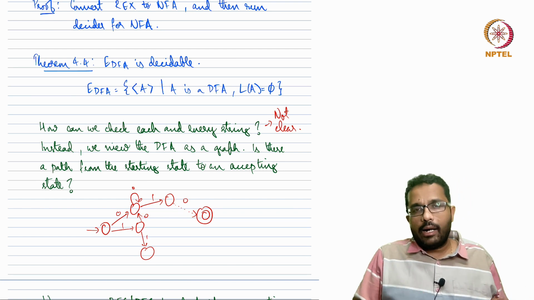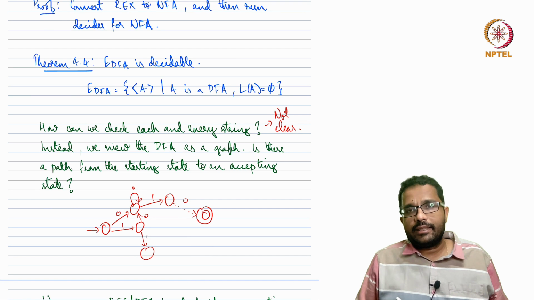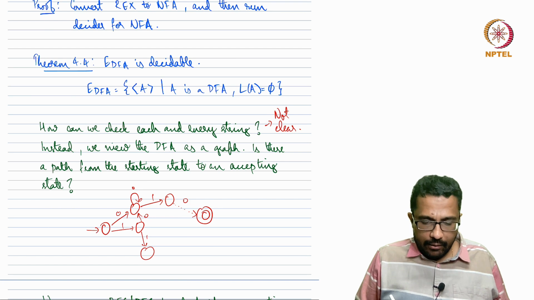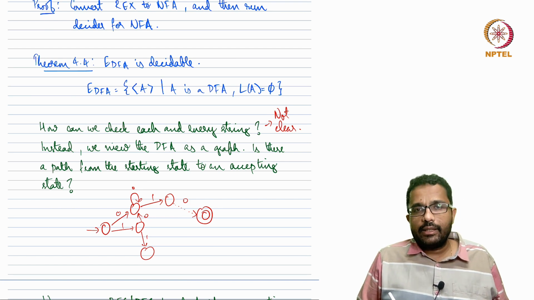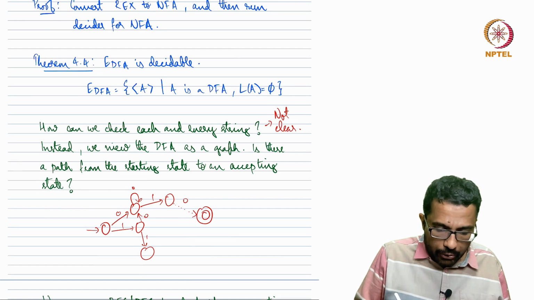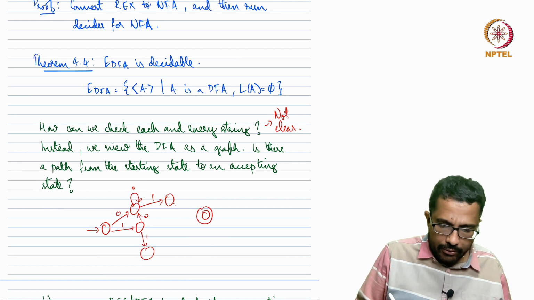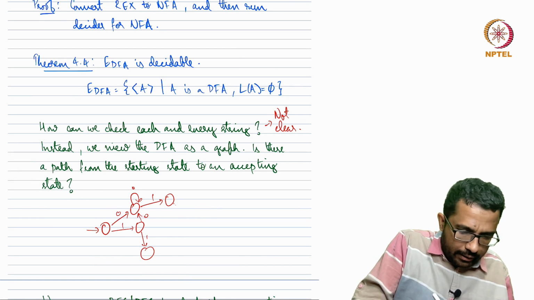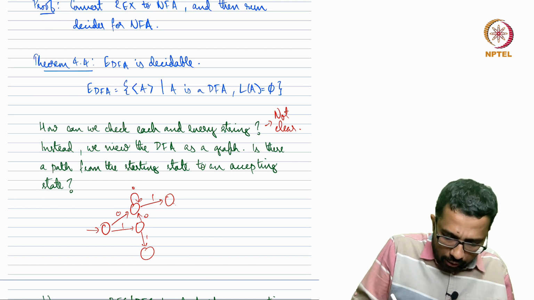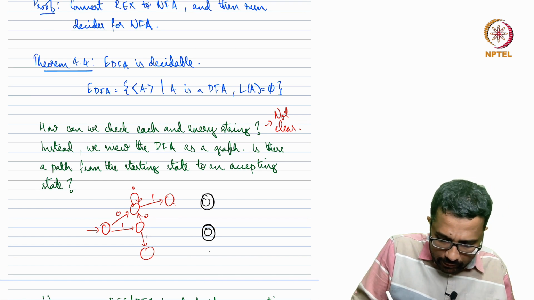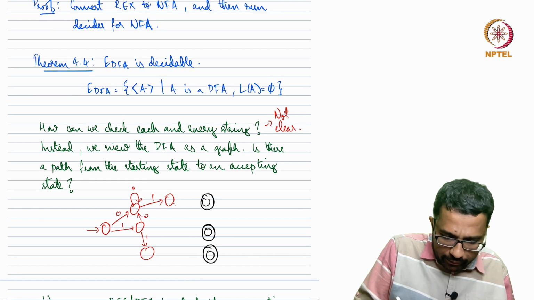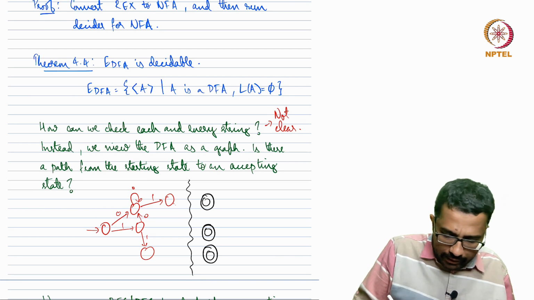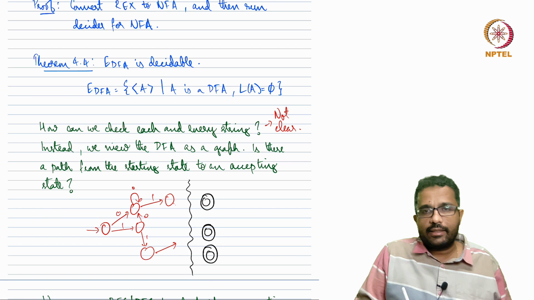So if there is a path from the start state to some accepting state, you know the language accepted is not empty. For the language accepted by the DFA to be empty, there should not exist any such paths. So all the accepting states should be on one side, and there should not be any path that crosses this barrier.